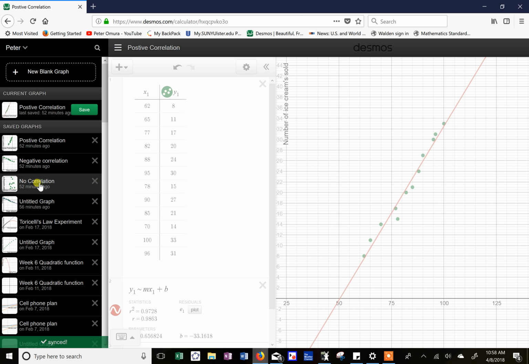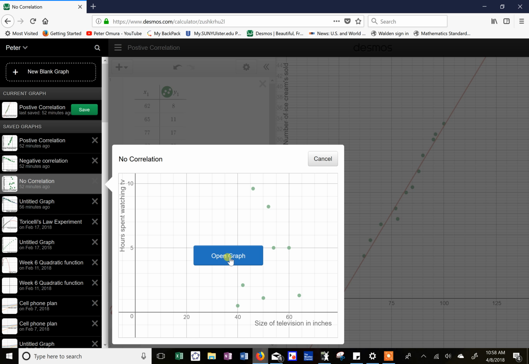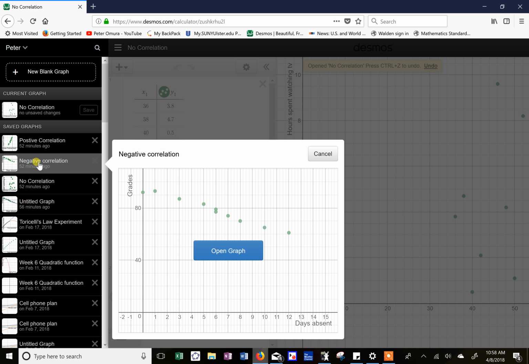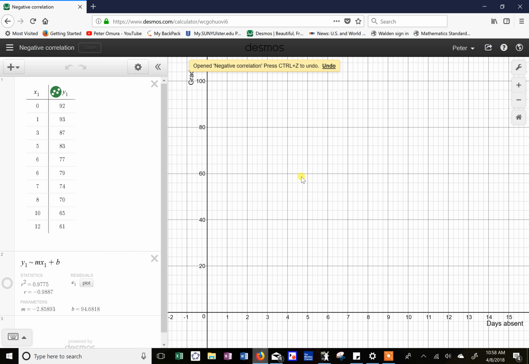Now, there is one other thing I want to take a quick look at. Oh, no, wrong graph. Can we use the graph to predict what would happen on my y value? This was when I had absences and my grades. You can see as students were absent, the number of absences increases, their grades decrease.